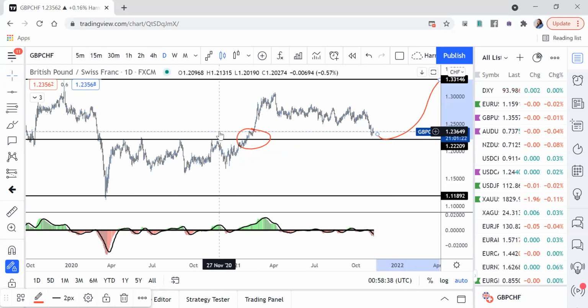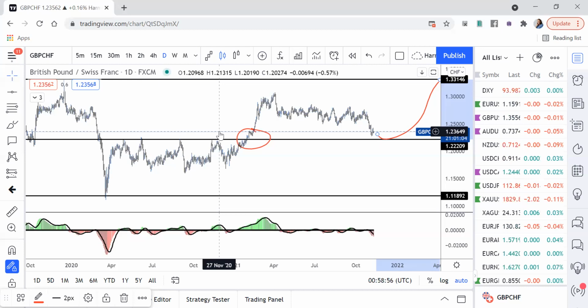So if I am looking at setups for G-Chef in the coming days, I am looking to plan a buy setup. I am looking to buy G-Chef.